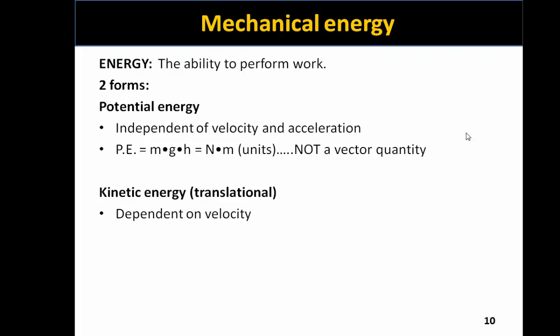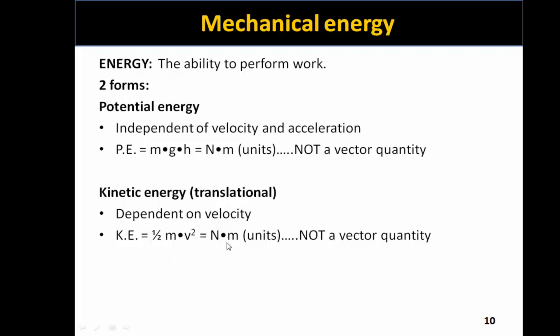Kinetic energy, we'll discuss in both translational and rotational terms. If we think about translational energy, it is dependent on velocity, and quantitatively can be determined by taking 1/2 of the mass of the object in question times the velocity at which that object is moving, squared.